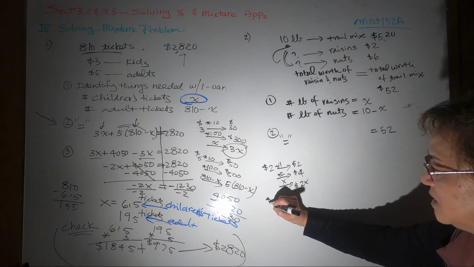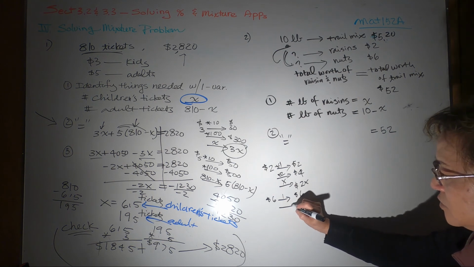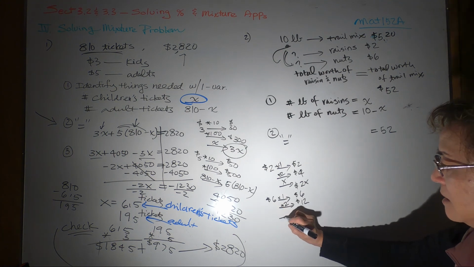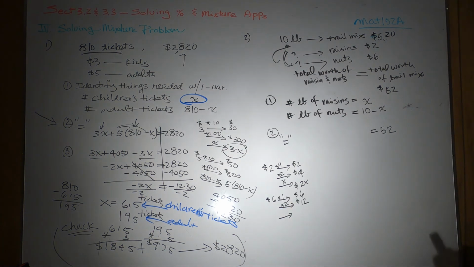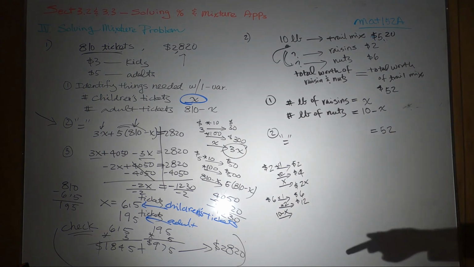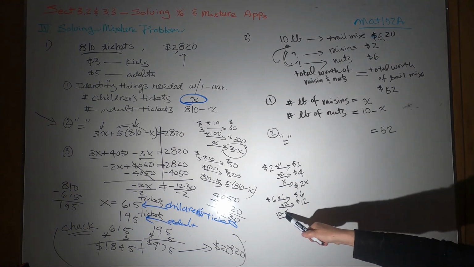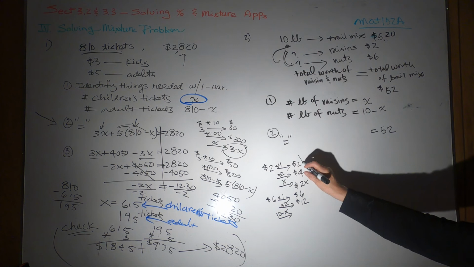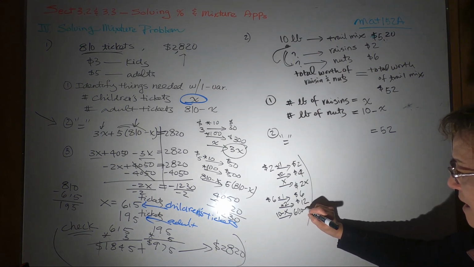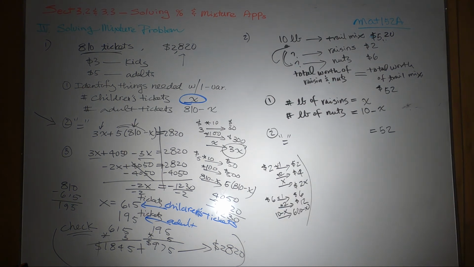So for the nuts, each pound is $6. 1 pound would be $6. 2 pounds would be $12, right? You multiply them. Now how many pounds of nuts will we have? 10 minus X pounds, right? If X pounds of raisins, you use 2X. But for the nuts it would be 10 minus X, so that would be $6 times 10 minus X. Same concept, right?